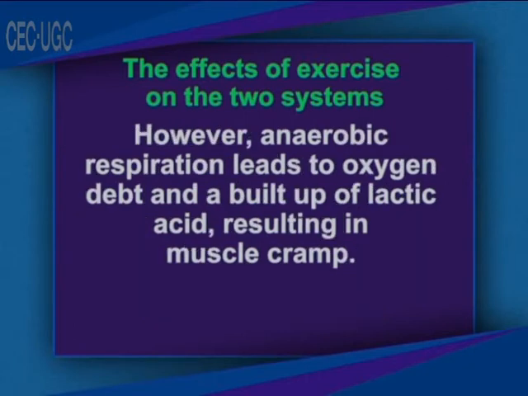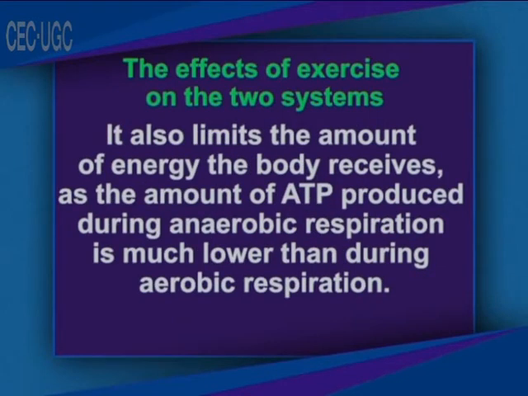However, anaerobic respiration leads to oxygen debt and a build-up of lactic acid, resulting in muscle cramp. It also limits the amount of energy the body receives, as the amount of ATP produced during anaerobic respiration is much lower than during aerobic respiration.